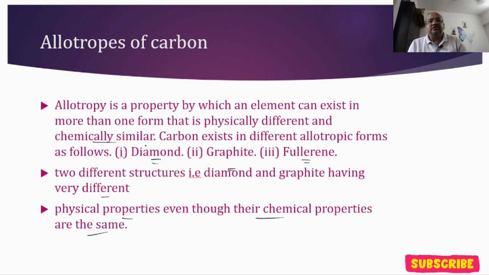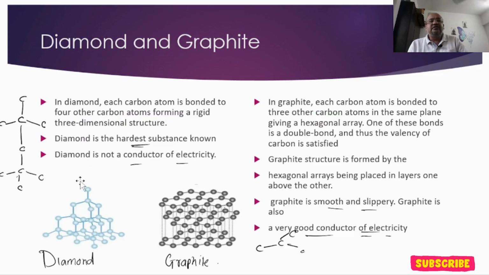We have seen the differentiation between diamond and graphite, how there is a structural differentiation between the two, how they are arranged, and the uses also differ according to their properties. Students, I'm sure you have understood today's topic.